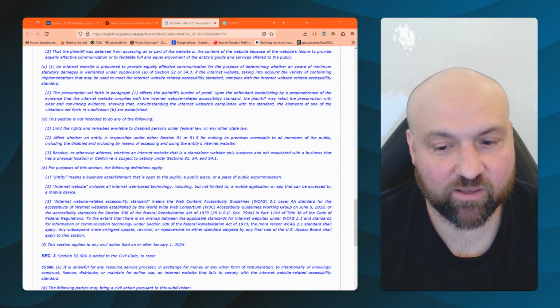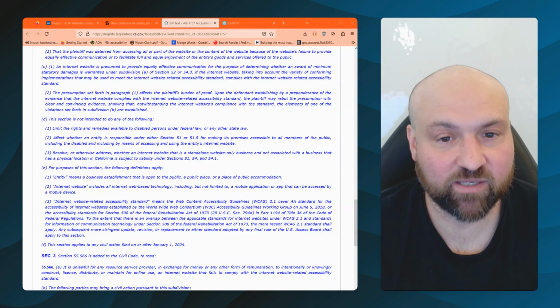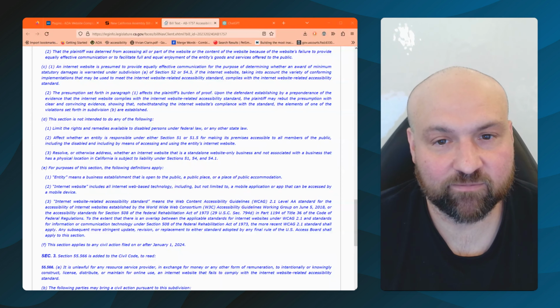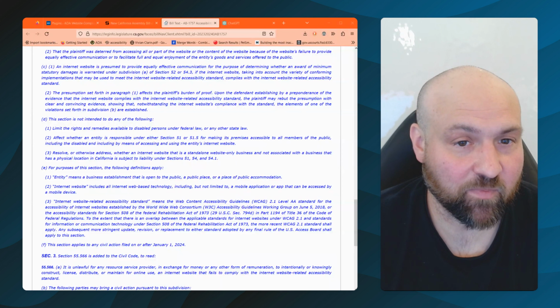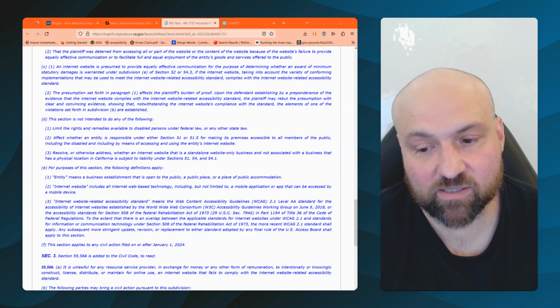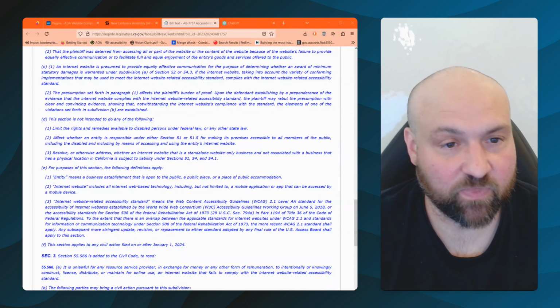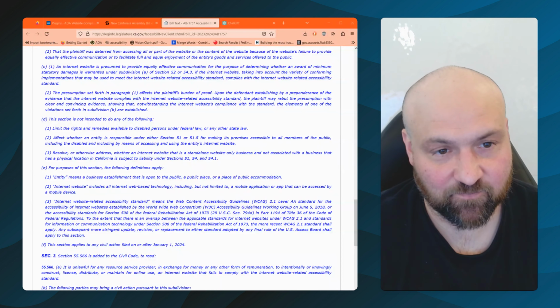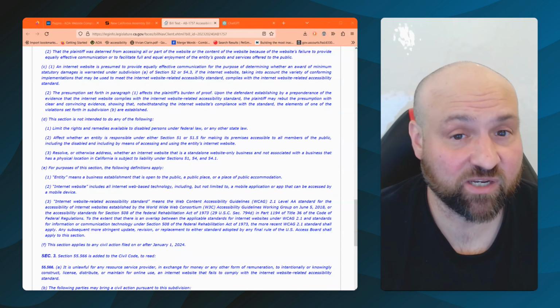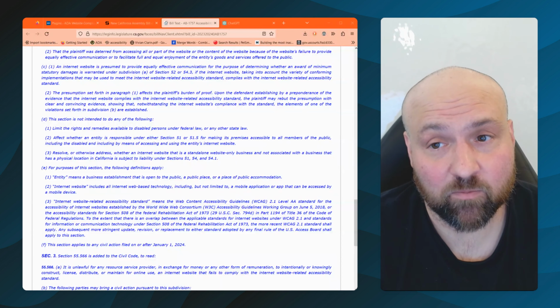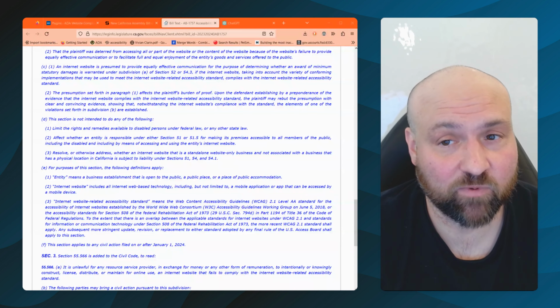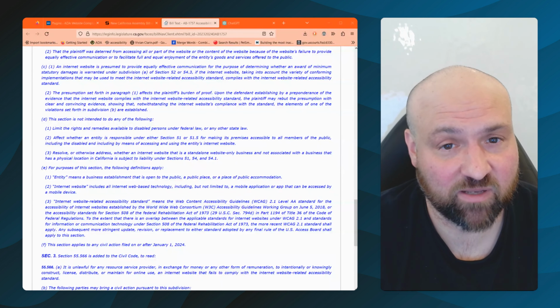A plaintiff could technically argue that they were deterred from accessing the website's content because there was color contrast that arguably was not sufficient, and they didn't want to continue with access to the website because they were deterred.